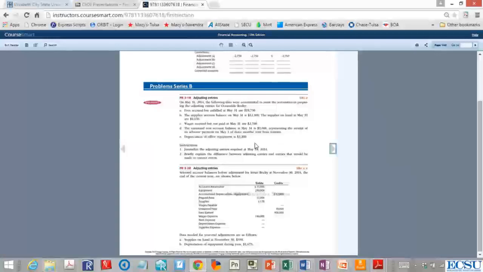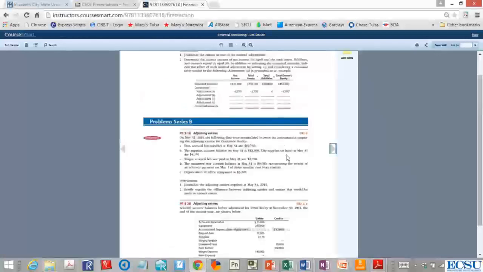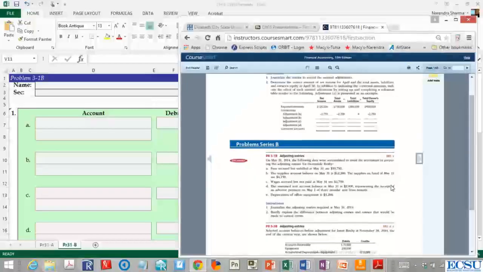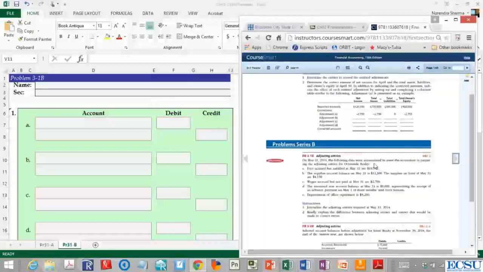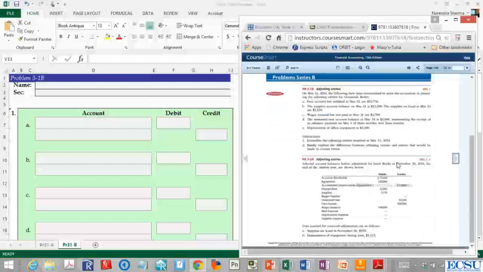So this is the problem that I was trying to show to you. So let us just take that here. Okay, and the problem reads as follows.